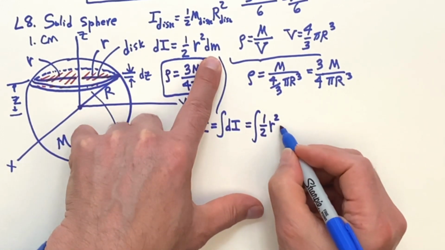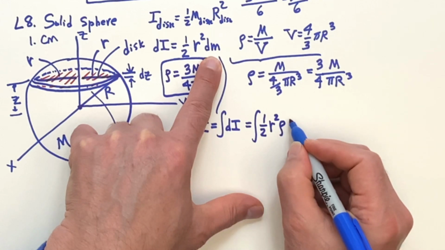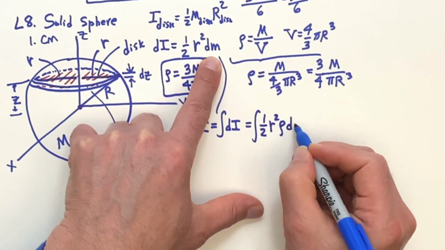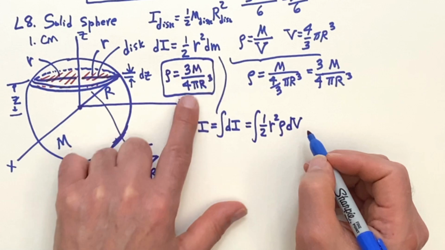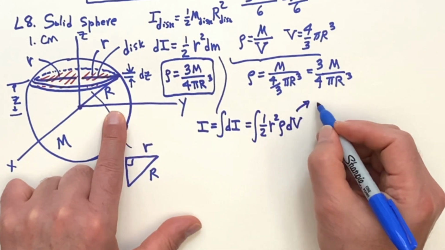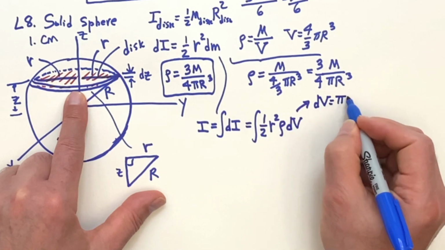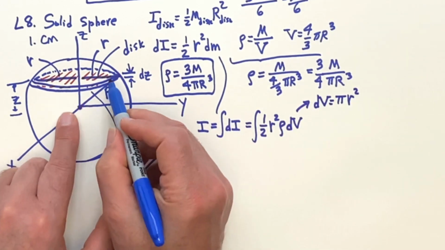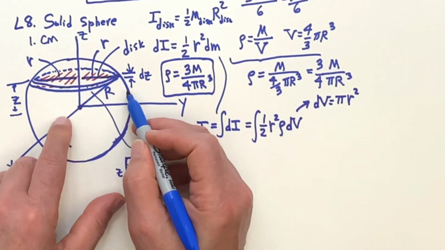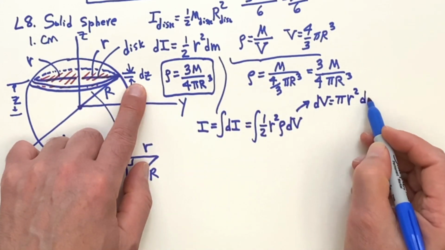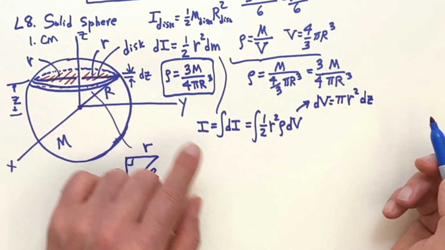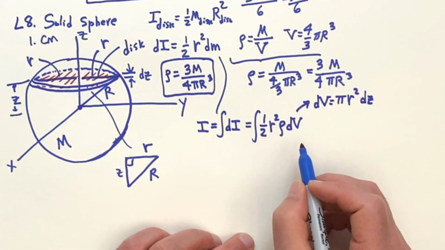The dm is going to be the density times the dV, the little volume element. But what's that dV? That dV is going to be equal to pi little r squared, that's the area, times the thickness, dz.